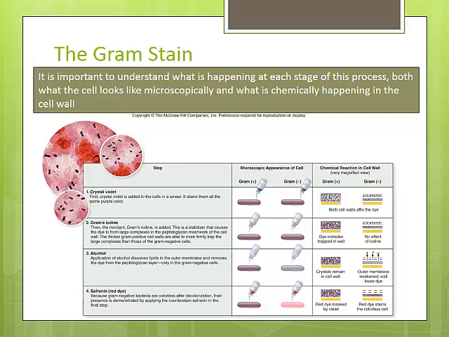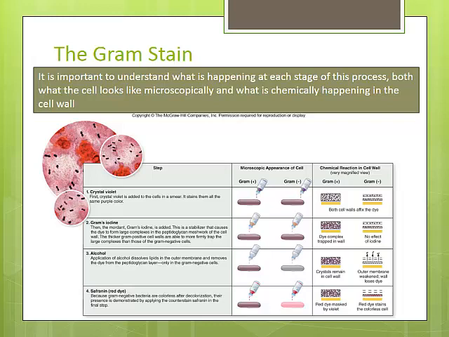Now next we add alcohol. What the alcohol is going to do is dissolve that outer membrane in a gram-negative wall. And because that outer membrane is weakened, that wall, remember there's only that thin layer of peptidoglycan that has the crystal violet trapped inside, it's exposed, and so that dye just kind of leaks out.